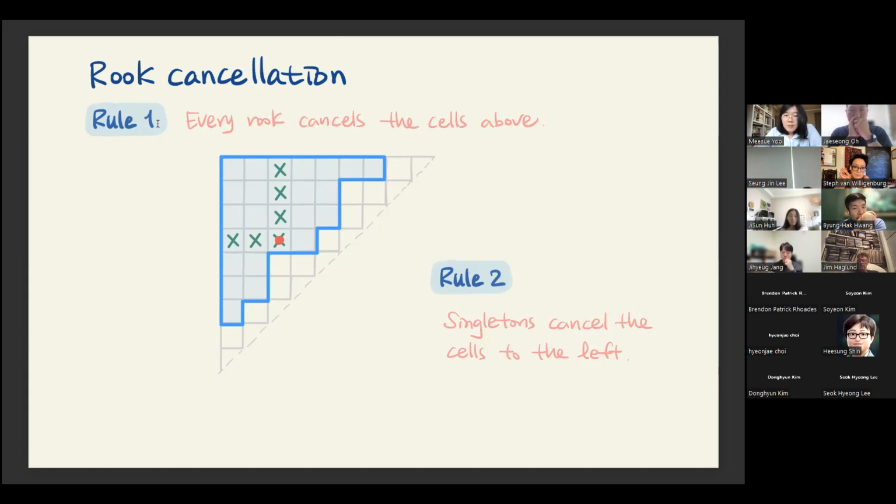There are going to be some exceptional rules, but in any case, if a column contains a rook, then the cells above that rook are cancelled. And then the second rule says that singletons cancel the cells to the left and above. So if there is a singleton, meaning a rook which is not linked, then it cancels the cells in the co-hook to the left and above, and itself.